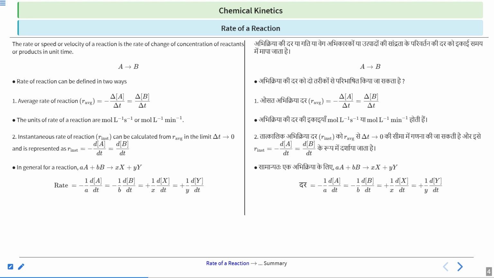Similarly, for reactant B, we divide it by small b, the coefficient of reactant B. Similarly the same goes for X and the same goes for Y. The thing to notice, and I am repeating it, is that you have to put a negative sign when we are writing in terms of reactant, and a positive sign when we are writing in terms of product. Clear? Okay.